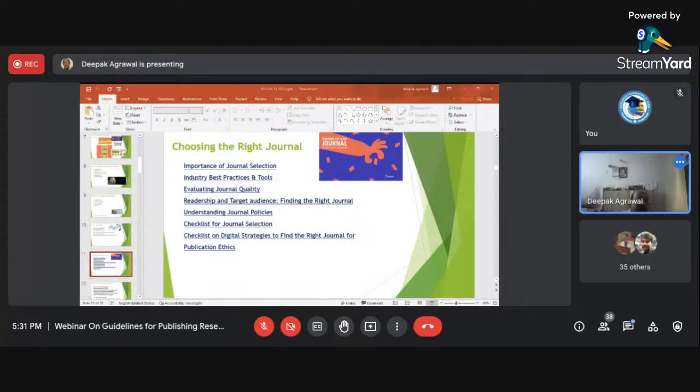Then we must select the journal on the basis of the best practices, industries, and tools accepted. That means search for a journal which accepts papers well suited to the industry. In my example, I worked on the capital market, and I have identified one journal, Finance India.